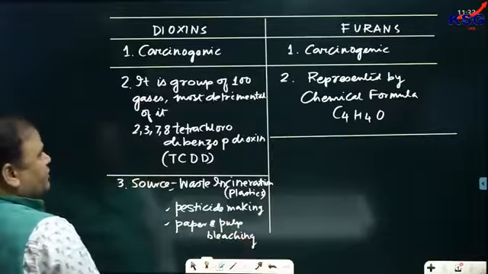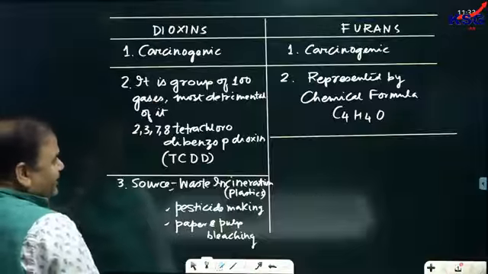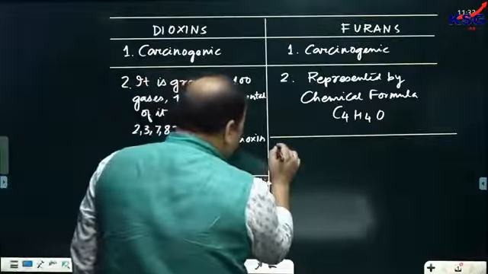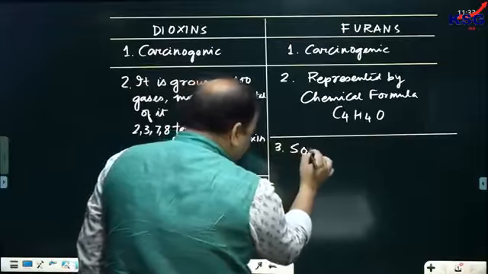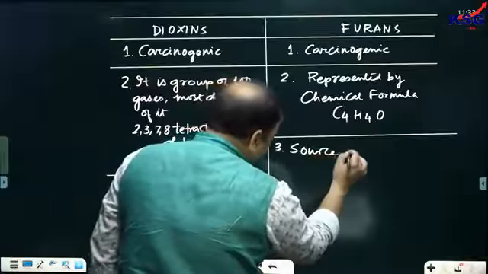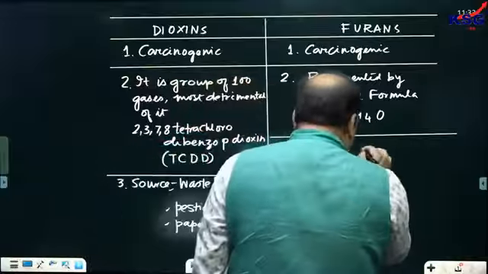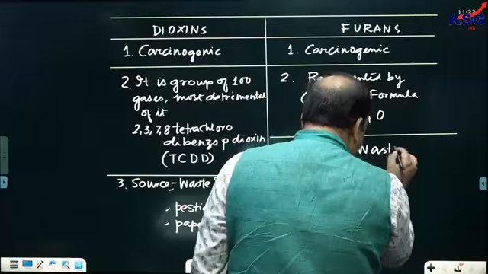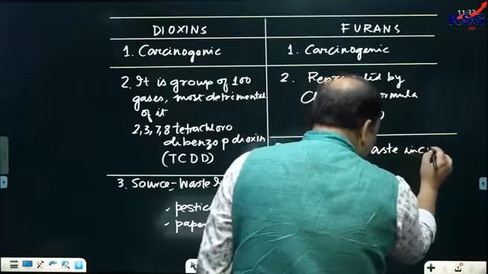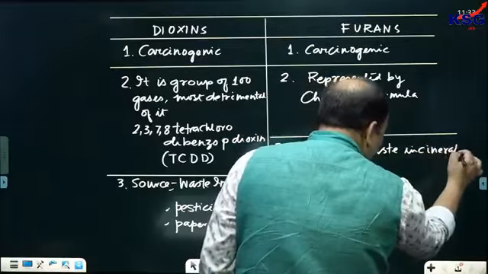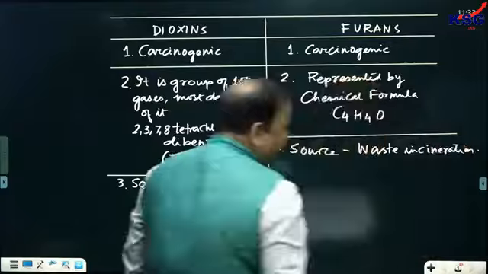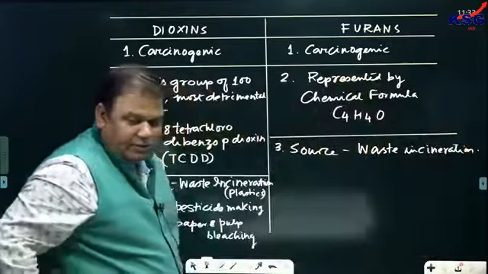So all these would be the source of dioxin. But as far as the source of furans is concerned, the source is only one, and that is nothing but waste incineration. Everything has been depicted on the board, and copy that also.